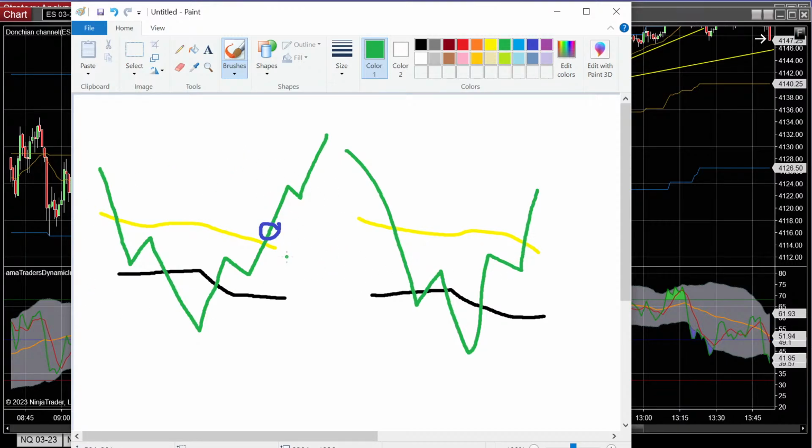That's why I'm saying we're looking at what happens before the trigger occurs to make the pattern come true. Because if price keeps on going down and the EMA crosses beneath the Donchian, now it is impossible for this pattern to come true.